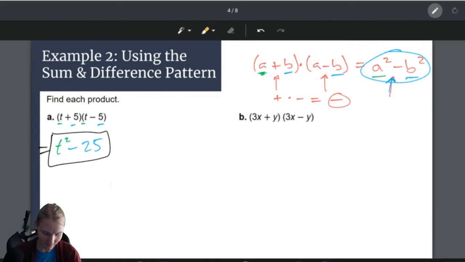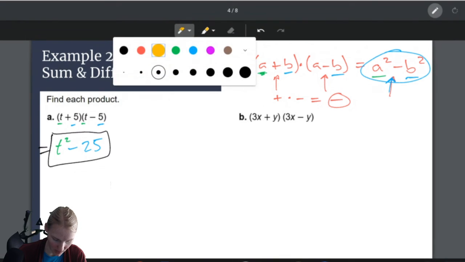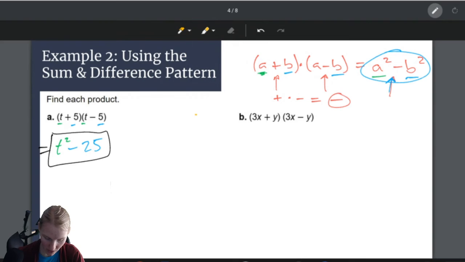Let's try another one. Different colors this time. Let's use yellow. Same thing: I have a plus here and a minus here, so I'm going to be able to use this pattern. I'm going to take a, the first term, which is this 3x here, and I'm going to square it. 3x squared, 3 squared times x squared, so that is 9x squared.